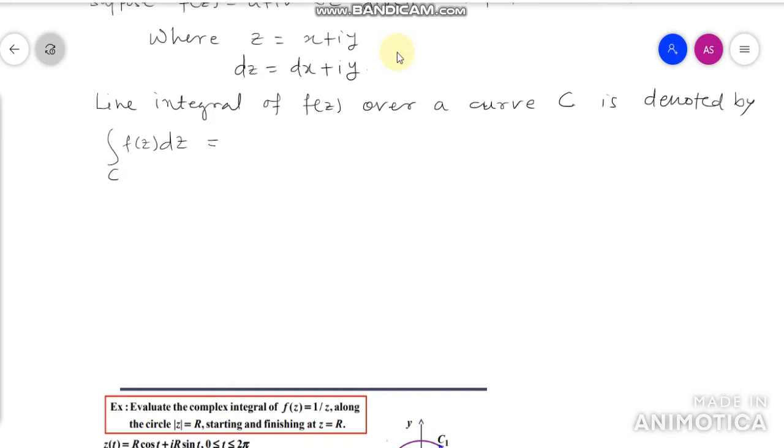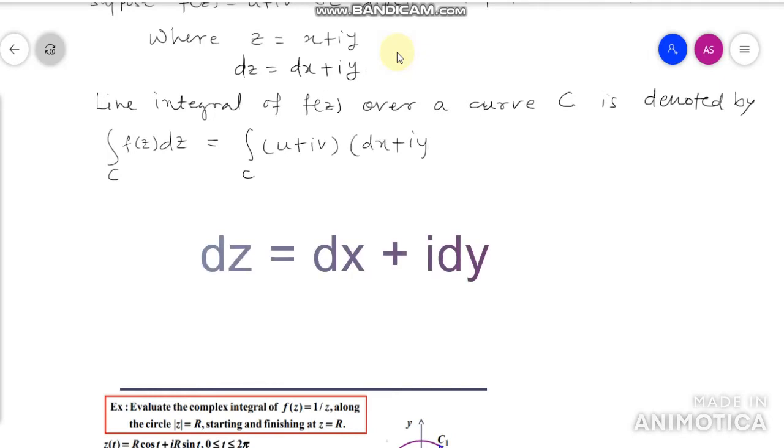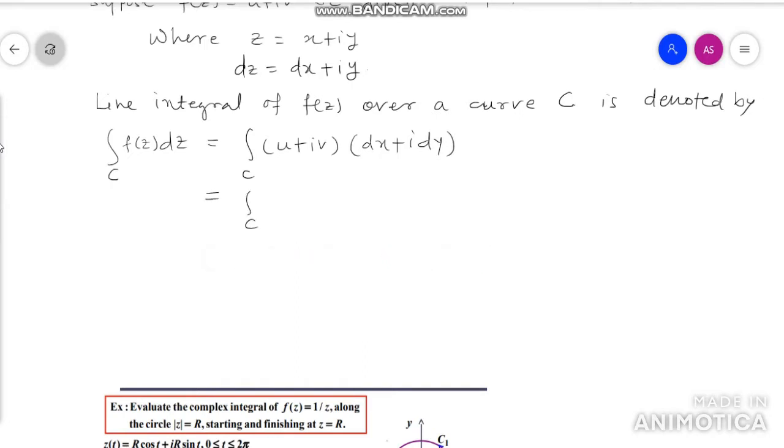But this is nothing but integral over C, f of z is u plus iv and dz is dx plus i dy. So just we have to multiply.